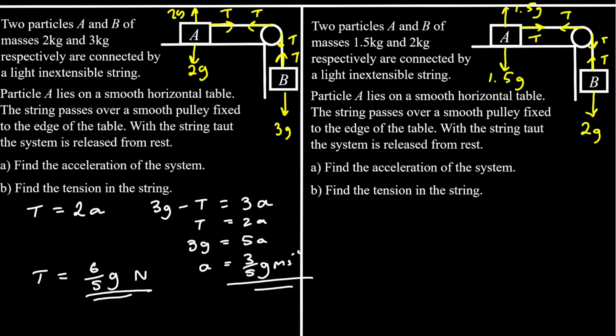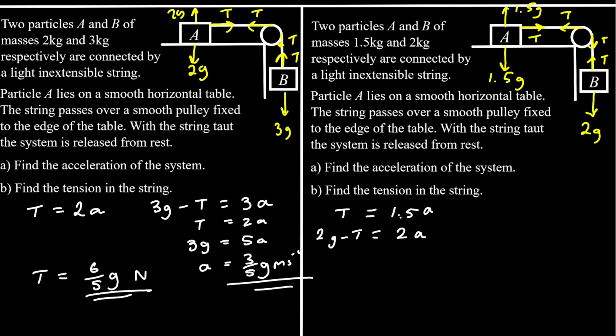Let's write an equation of motion for A and B. So for A, it's T. There's no force resisting it. So T is the resultant force, and that's equal to mass times acceleration. For B, we've got 2g take away T. They're the forces acting on it, and that's equal to 2 times acceleration.